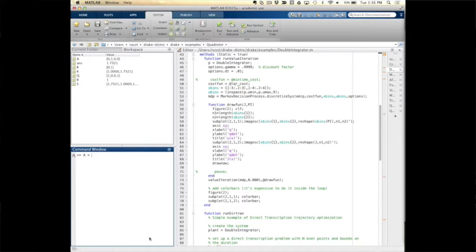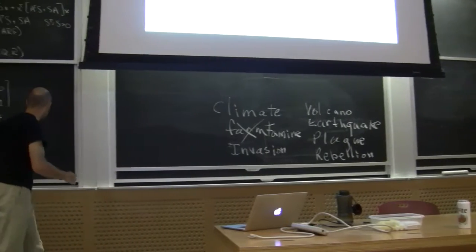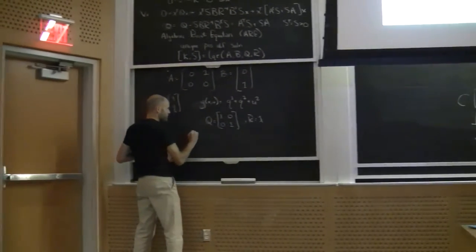So if I pop that into MATLAB and put it to work, my answers here are, you know, my optimal controller is u equals negative Kx, right?